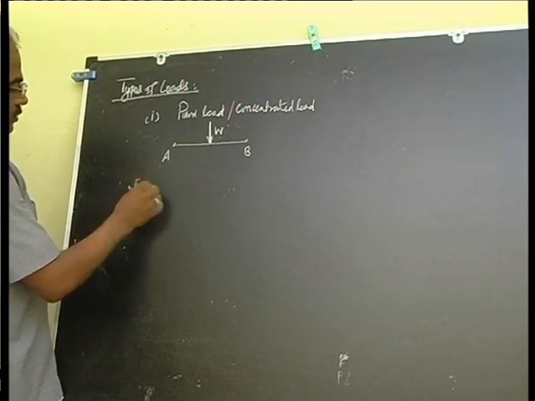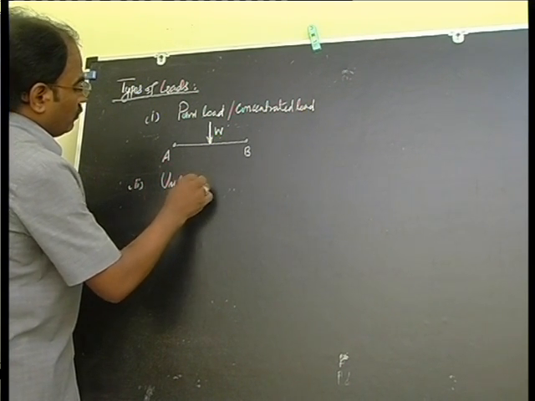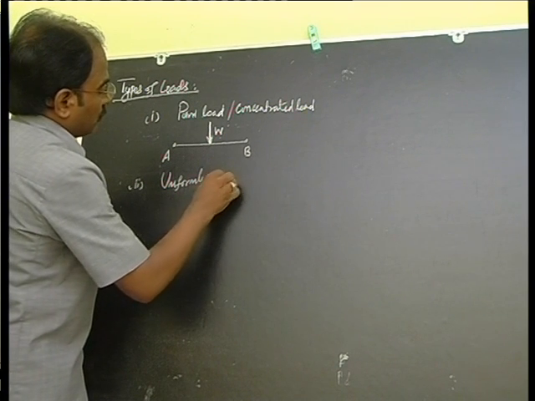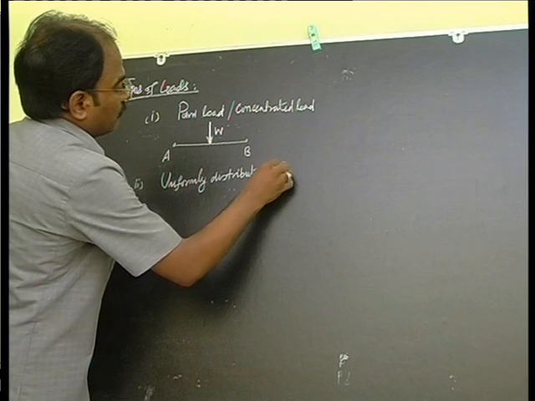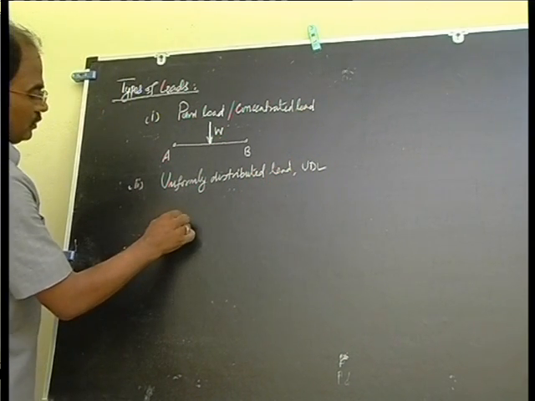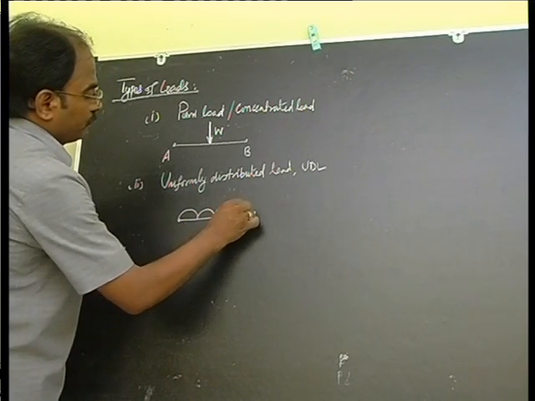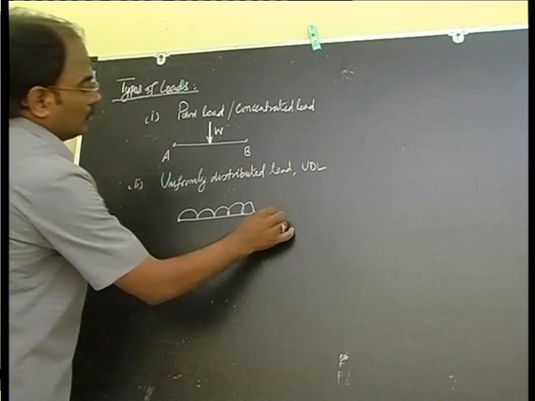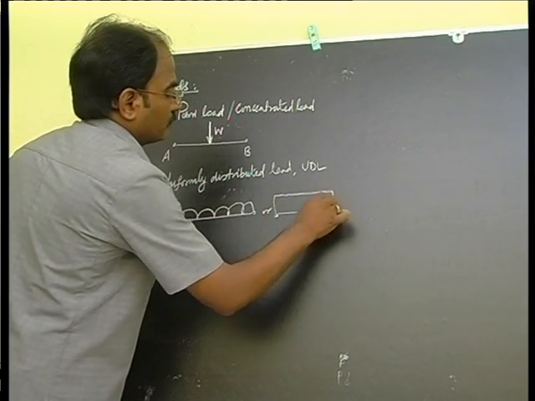Second one, uniformly distributed load, UDL. So the notation for uniformly distributed load is like this, or can be like this also.